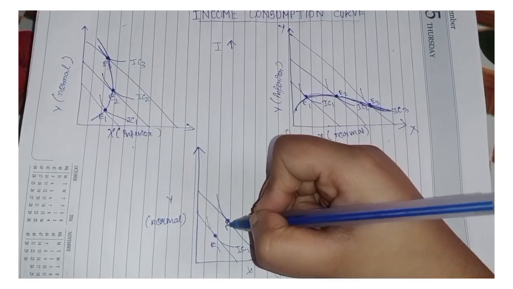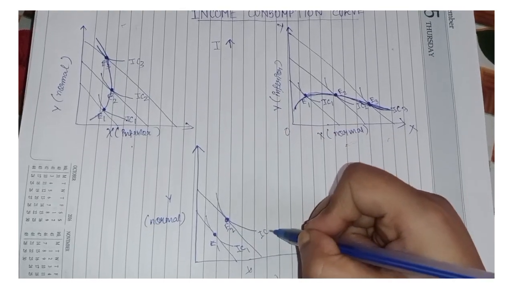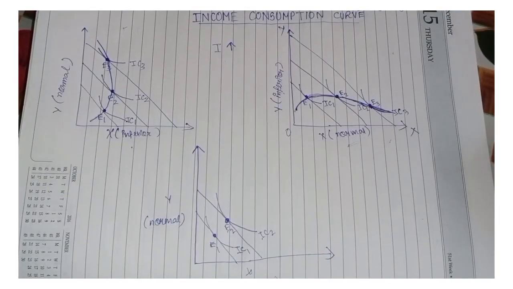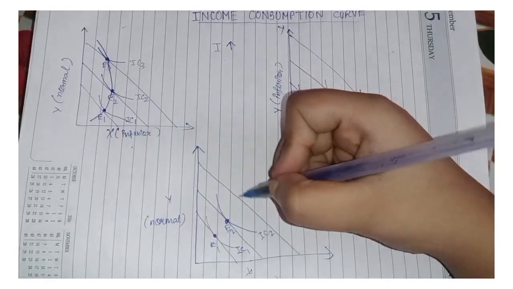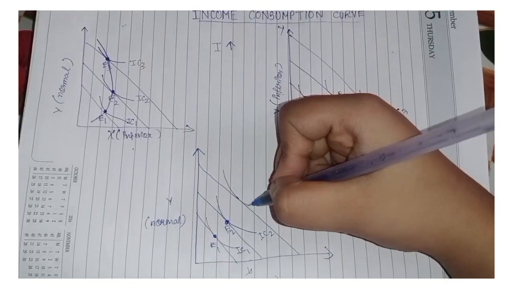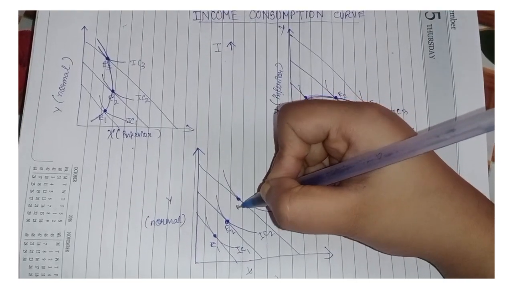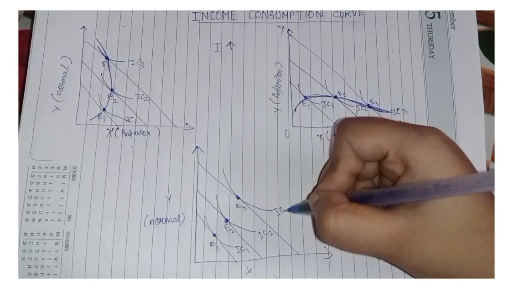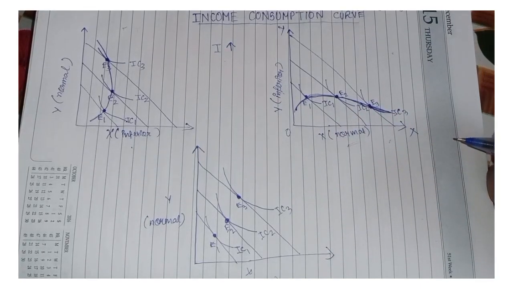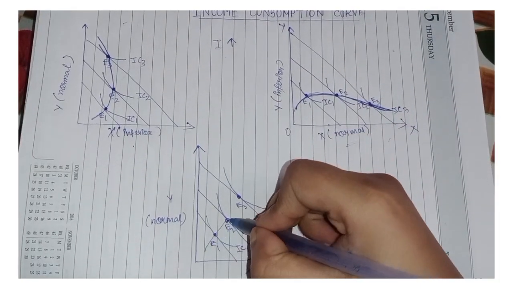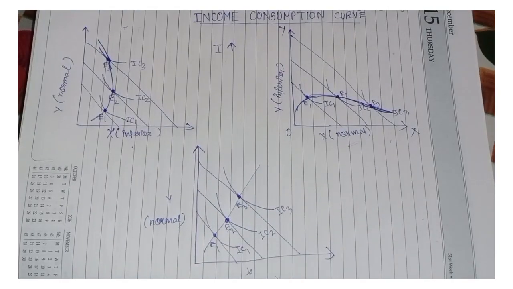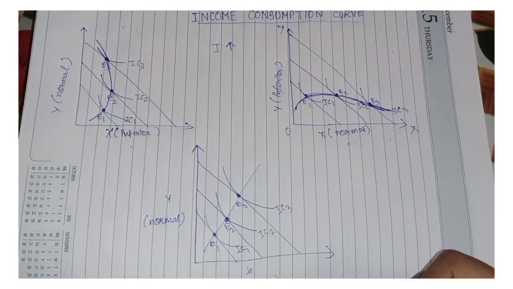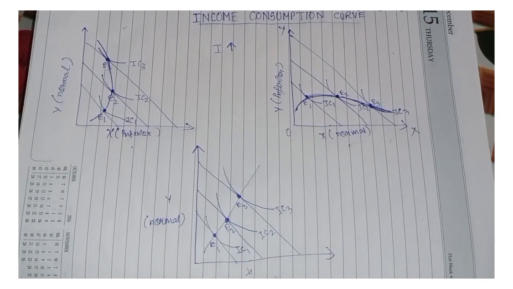Okay, this is E2 and this is IC2. Clear? Now if further my budget line increases, then what will happen? My new equilibrium point is this, E3 and IC3. So my ICC will be straight. Okay, my ICC will be straight because in this case both Y and X goods are normal.